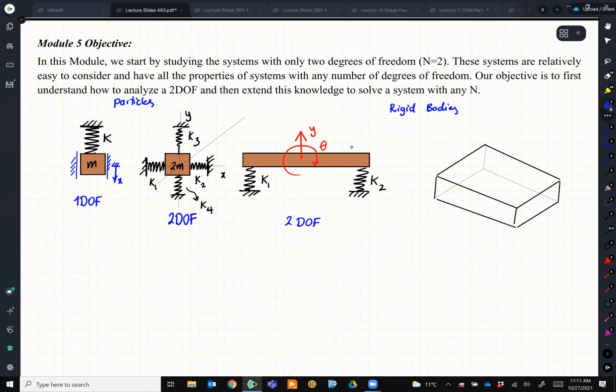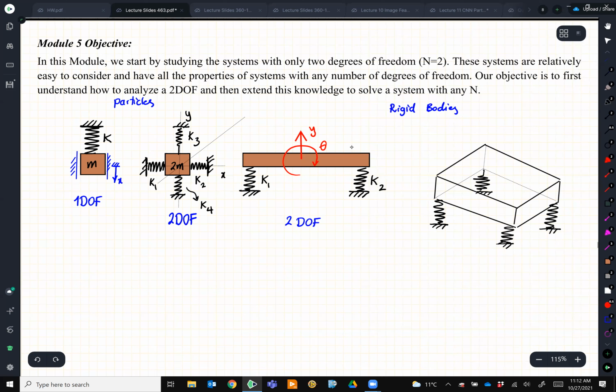And eventually, if you have, let's say, a box, and I put it on 4 springs, and 1 spring on the other side. So the degree of freedom for this system, we can say, let me put our coordinates somewhere at its centroid.